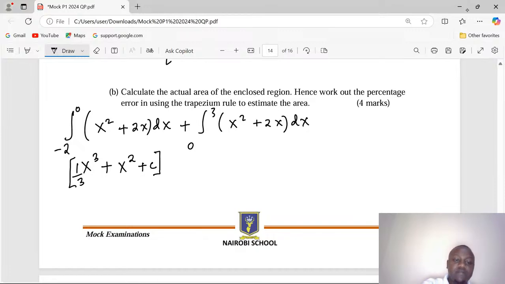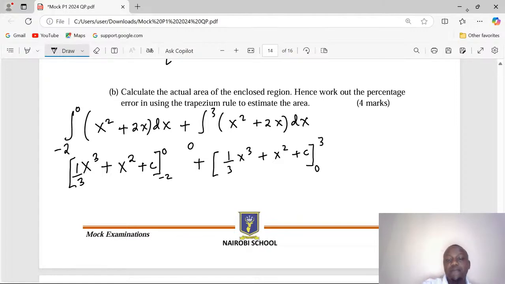Then we are integrating from negative 2 to 0. Then we'll be adding the integration of the same function but now from 0 to 3.